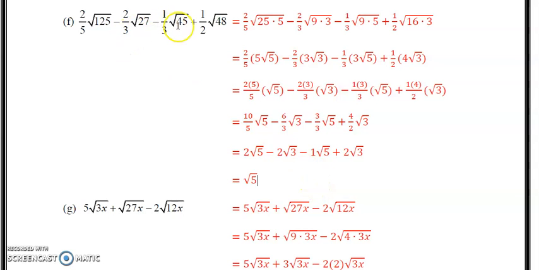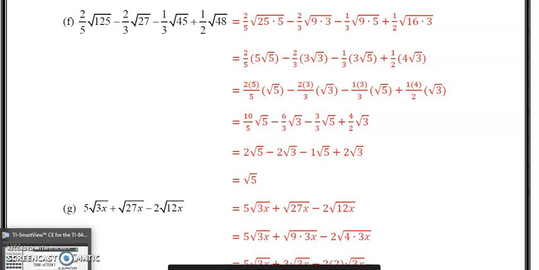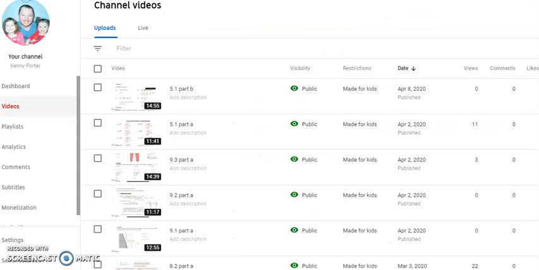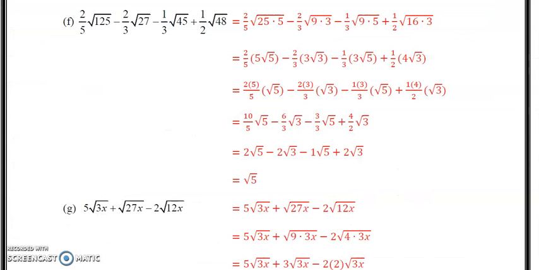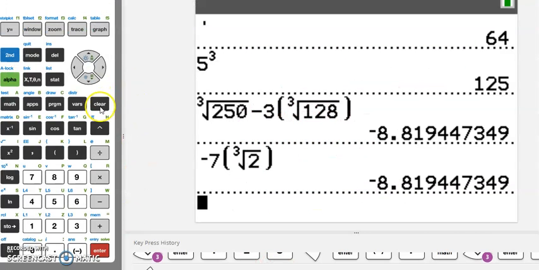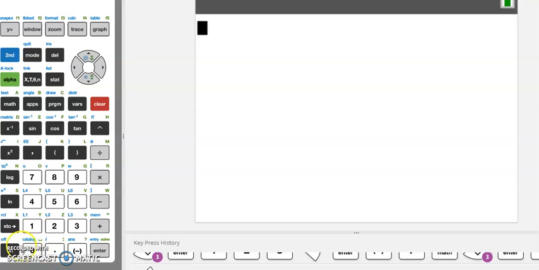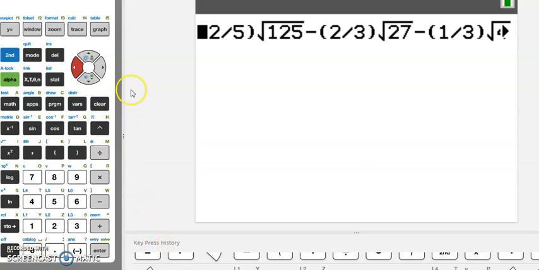Pretty neat. And again, you can check that. I'll do that with you now. Do a quick check. So I'll punch those in the calculator. So I punch this in the graph calculator, and I already have it here.